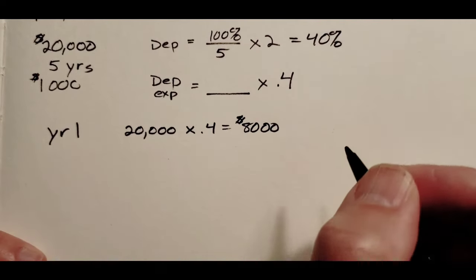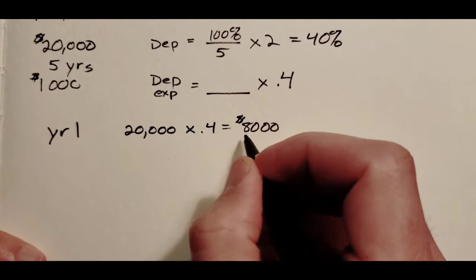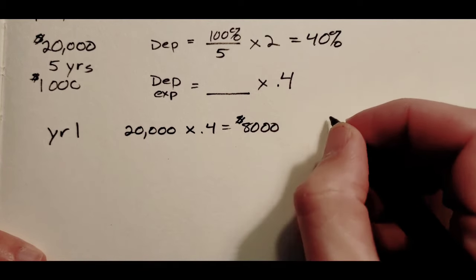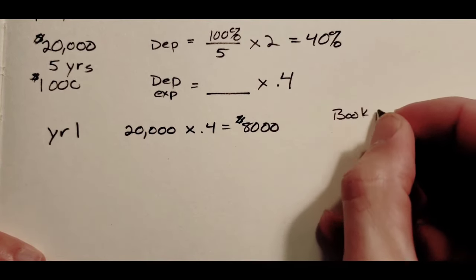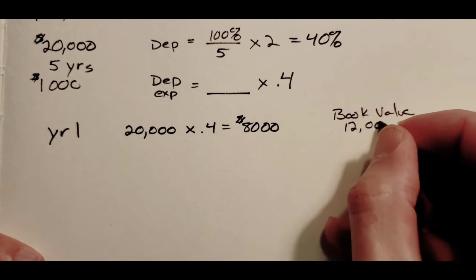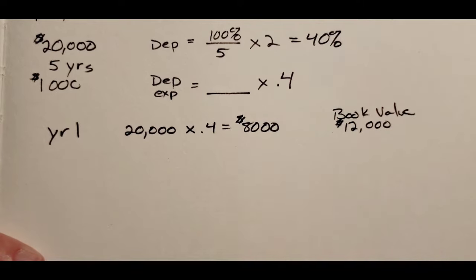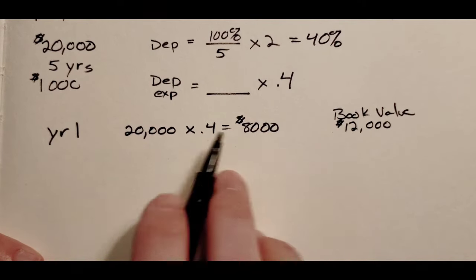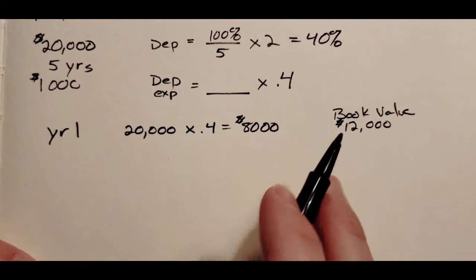Now $8,000 represents the depreciation for the first year, which means that the book value is $12,000. So you take away the $8,000 from the $20,000 and you get $12,000.